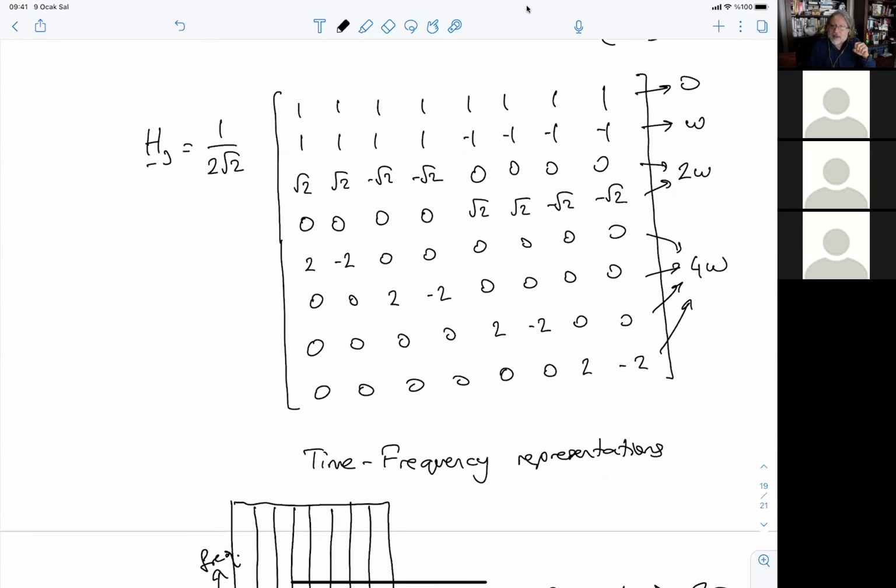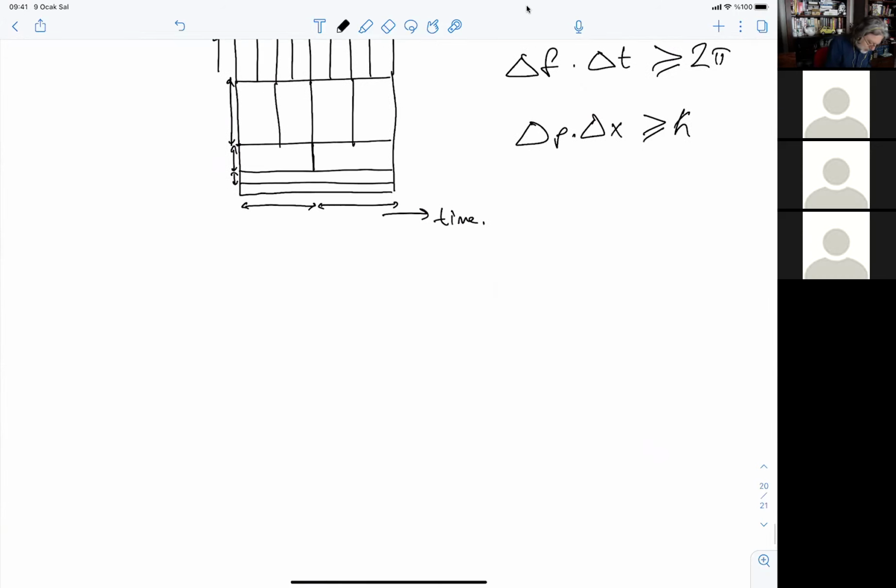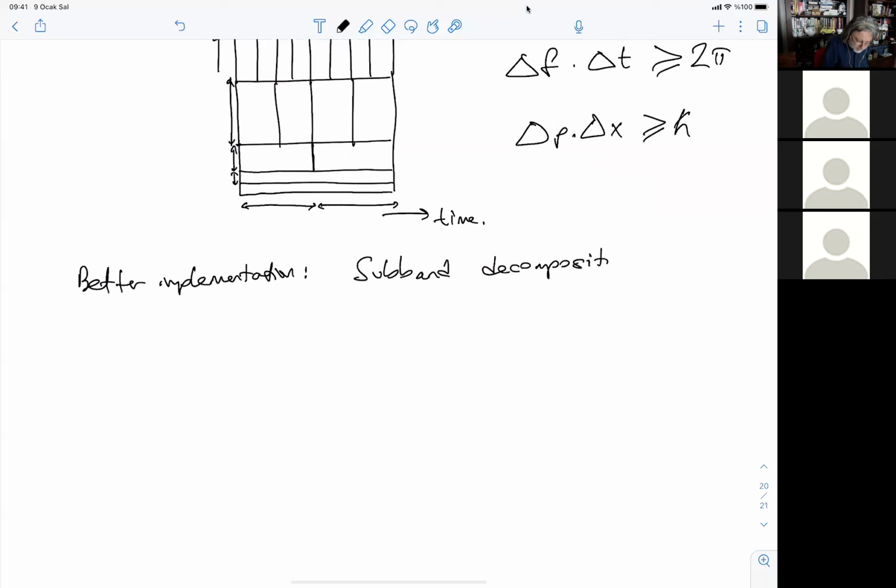And there is also another extension of this. There's a better way of implementing the Hadamard transform, and that better implementation is called subband decomposition. What do we mean by that?